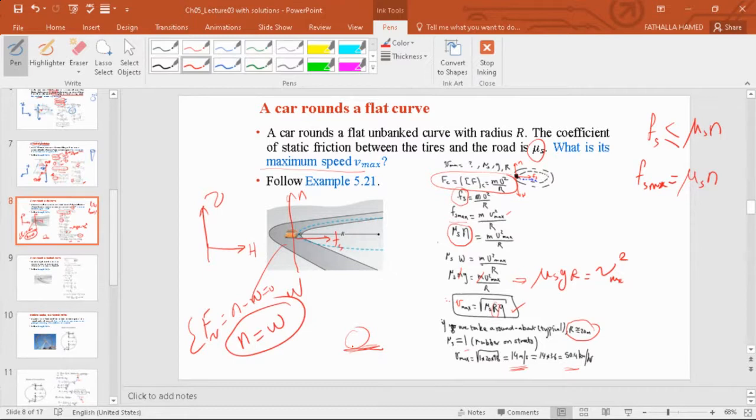I'm talking about sideways. Why do we keep the car on the track from sliding? And the source for that is the attraction between the tires and the street or the road. And as I explained here, it could dictate the maximum speeds that you can have.